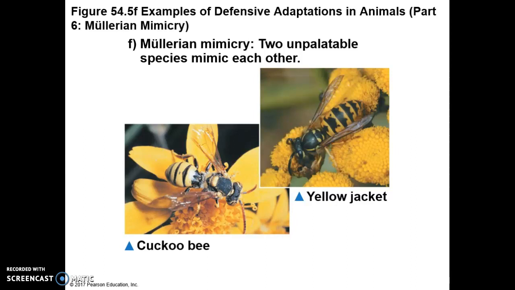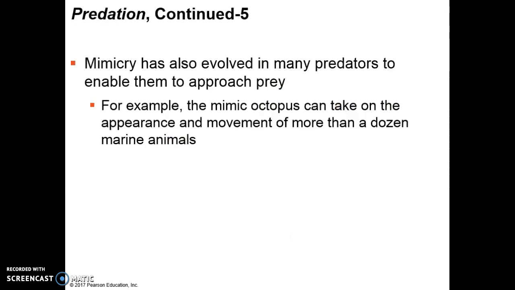So it's where a safe or non-poisonous organism looks like a poisonous organism as a defense mechanism. And then Mullerian mimicry is where two poisonous species look similar, like bees and yellow jackets. They look like, hey, don't come near me, I'm dangerous. So it's just two patterns of mimicry.